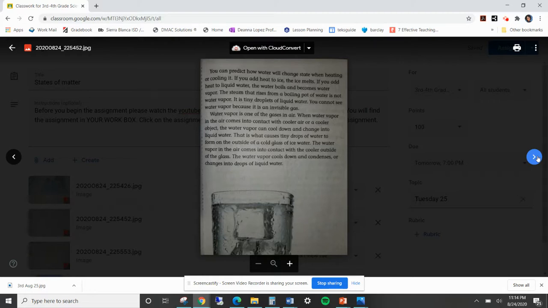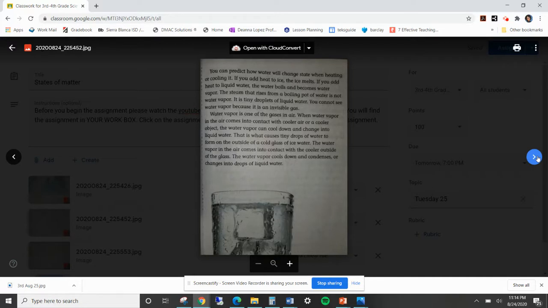This is kind of when you have a cold drink outside, like a can of Coke, and then all of a sudden you go to pick it up and it's wet on the outside. Well, the can of Coke isn't leaking. It's water on the outside. That water that forms on the outside of your can of Coke is water that's in the air.